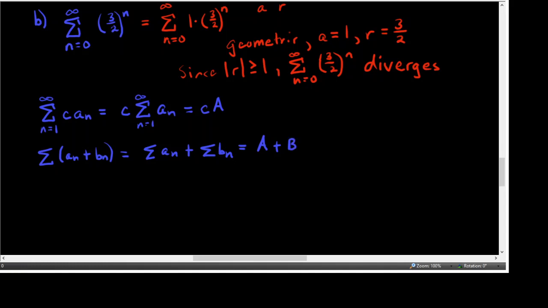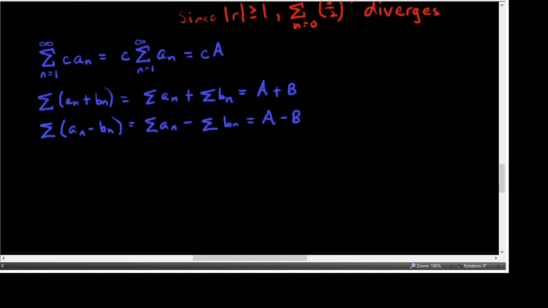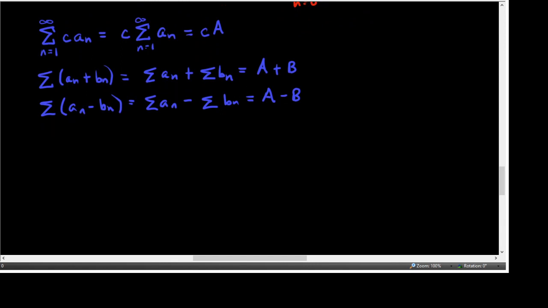And then a very similar thing happens with the difference of two formulas. You can split that into two separate sigmas, just like you can with limits, and just like you can with integrals. All these properties are interrelated. So they should not come as a surprise. These should look like, oh yeah, that totally makes sense to me. I've done that before. All right, so those are some properties of infinite series. If we need to use them, we will incorporate them.